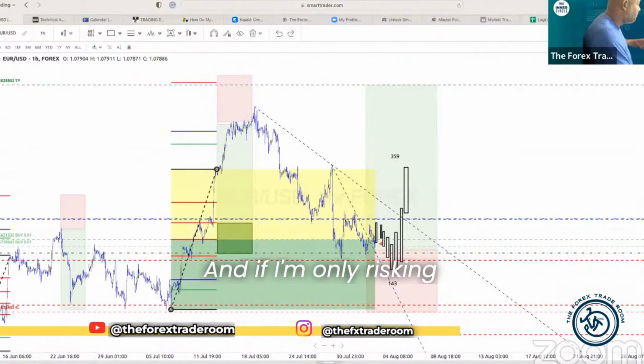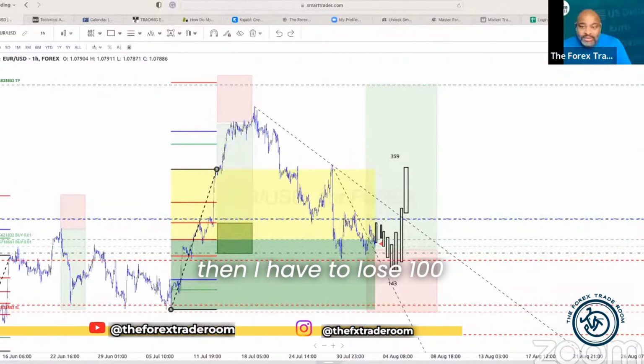And if I'm only risking 1% of my account, then I have to lose 100 trades in a row in order for my account to be blown, right? Does that make sense?